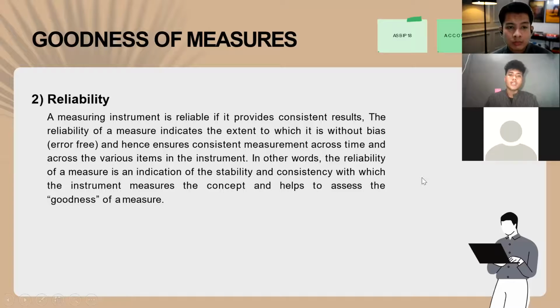In other words, the reliability of a measure is an indication of the stability and consistency with which the instrument measures the concept and helps to assess the goodness of a measure.